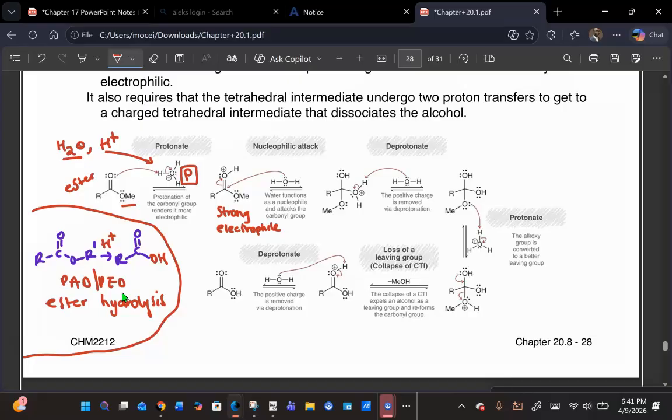We need one to lose. That's why we protonate to get a strong electrophile. And now our weak nucleophile will do the attack step. You would call that attack or addition.